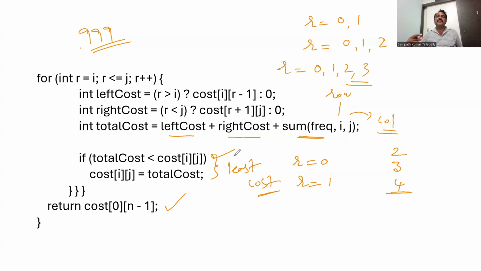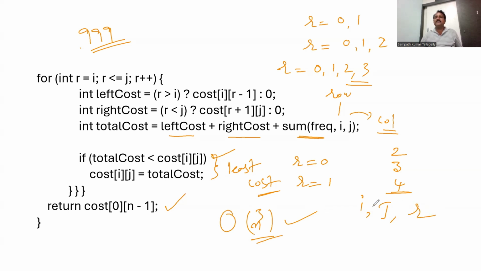This is the logic we follow whenever we would like to develop an optimal binary search tree for given elements. When I talk about the complexity of finding the optimal binary search tree, it is order of n cube, because we have a loop of i, a loop of j, and then a loop of r.